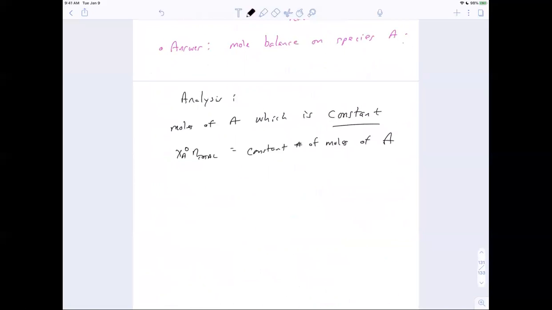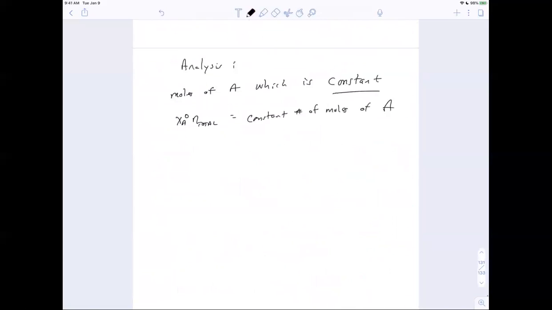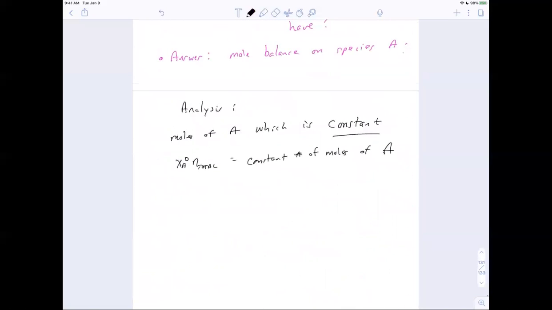Once we have the split into a liquid and vapor phase, we're going to have A in the liquid and A in the vapor. So the moles of A in the liquid is just going to be X_A, which is the mole fraction of A in the liquid, times the moles of liquid.